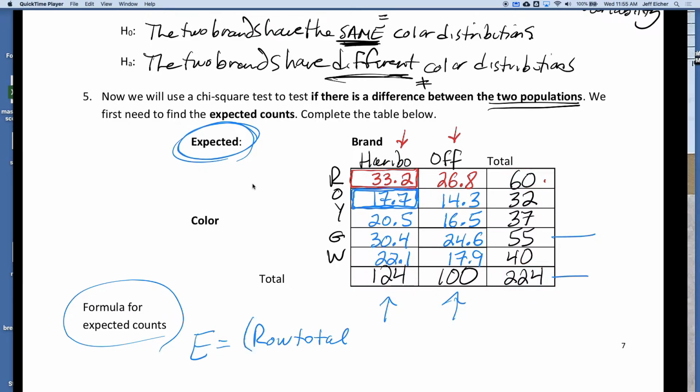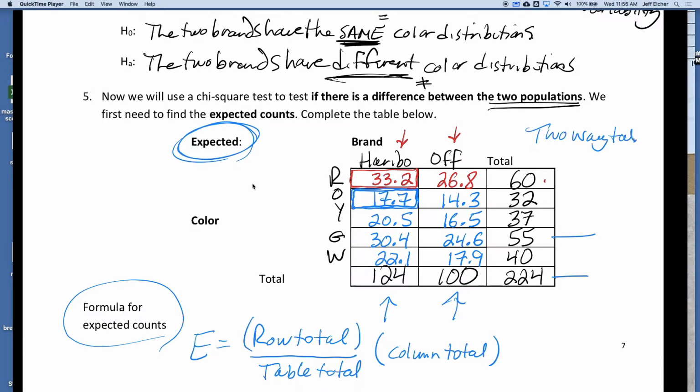So we take the row total divided by the table total, which gave us the percentage of a certain color, and then we multiply by the column total. So that's the formula for an expected count for a two-way table.